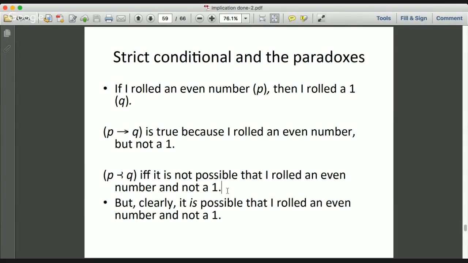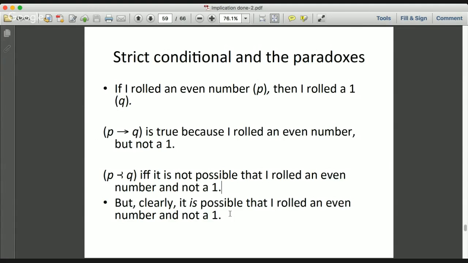And then Lewis's line is, well, no, P strictly implies Q only if it's not possible that P is true and Q is false. So in this case, if I rolled an even number, then I rolled a 1, because it's not possible that I rolled an even number and rolled a 1, this if P then Q comes out false.